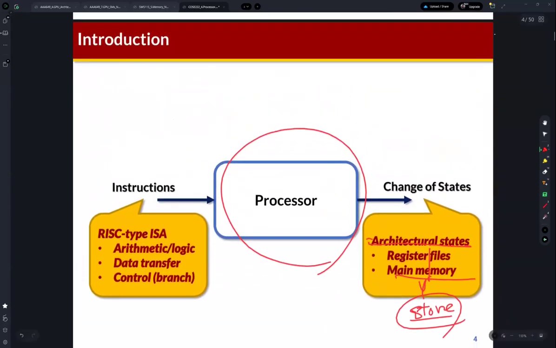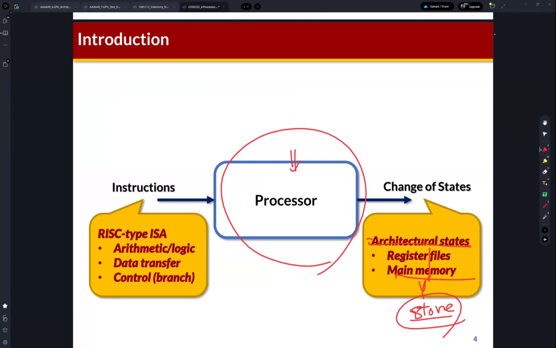In chapter 2, we learned how instructions are executed. Now we learn about the inside of a processor.